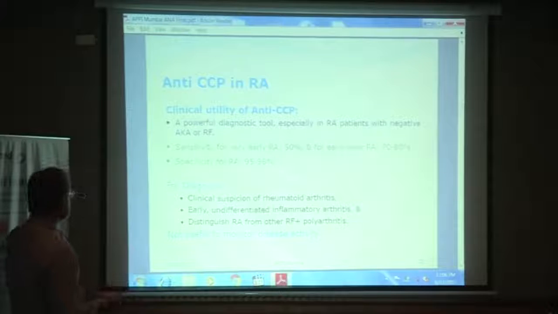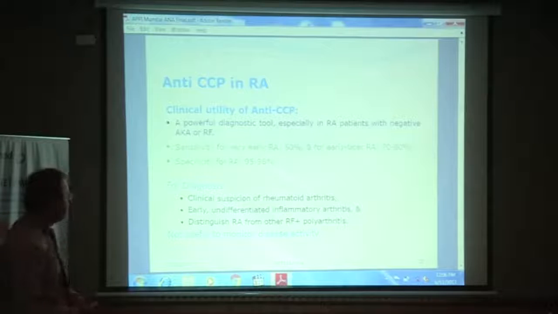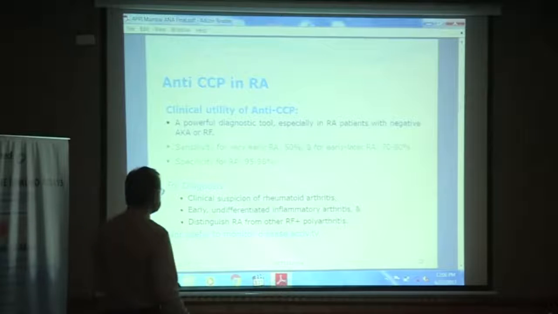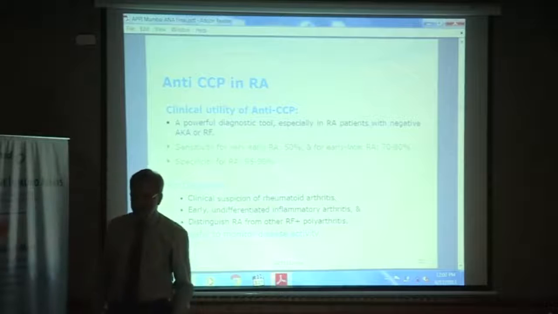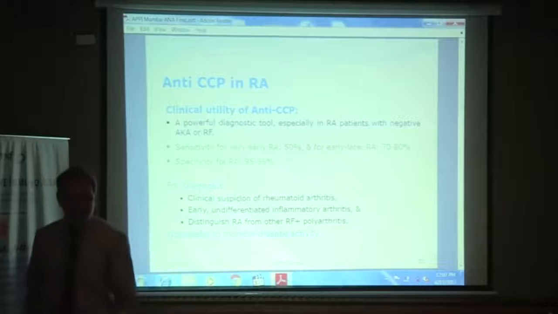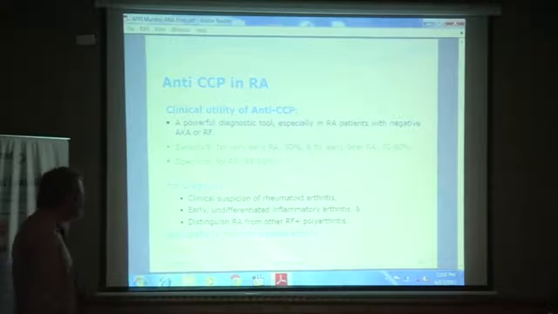The sensitivity of anti-CCP varies as per the stage of RA, and it is very important to diagnose early RA. One of the biggest advantages of using anti-CCP over RF is early diagnosis of rheumatoid arthritis, where the sensitivity is of course 50%, but can still pick up many of the cases.